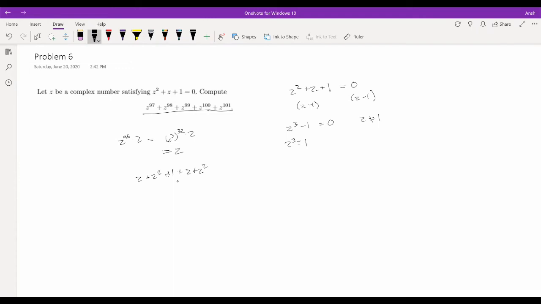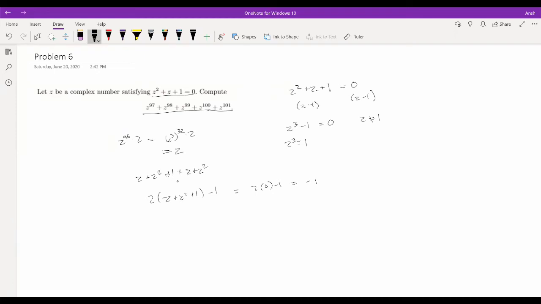Now we can simplify this expression using our original identity that z squared plus z plus 1 equals 0. So we can group this up as 2 times (z plus z squared plus 1) minus 1, which would equal 2 times 0 minus 1, which just equals -1.